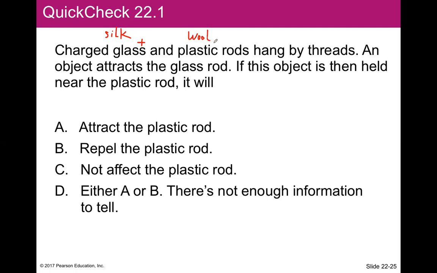It's positive on glass and negative on plastic. But that's a very classical example. It doesn't mean glass always has positive charge. It only happens when you use silk and glass to do the rubbing process, and then the glass will have the positive charge. And when you use wool to rub the plastic rod, it has negative charges.